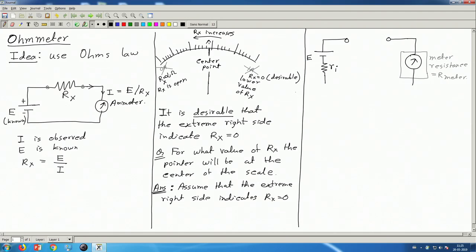Now, the unknown resistance Rx will be connected between these 2 terminals. So, this is Rx. And now, let us call R internal equal to the total internal resistance of the circuit.